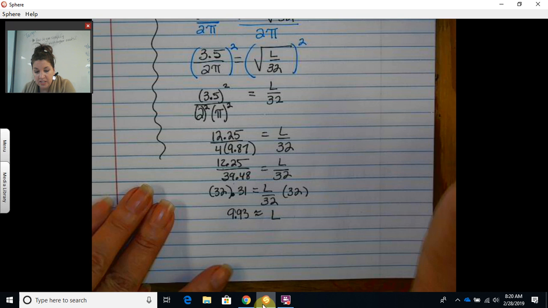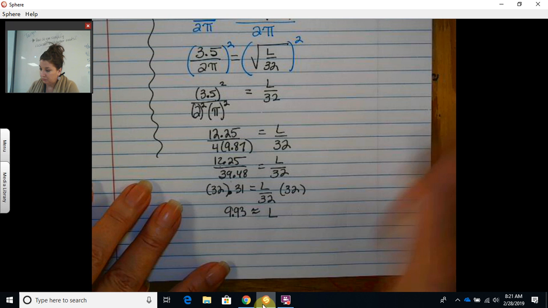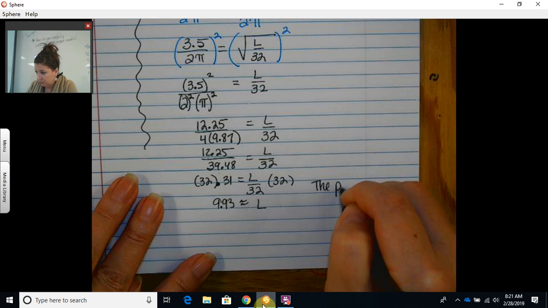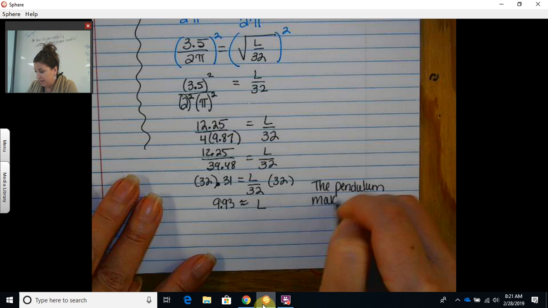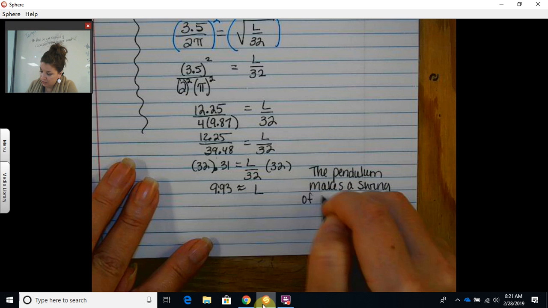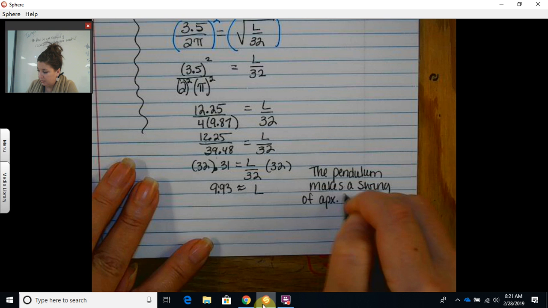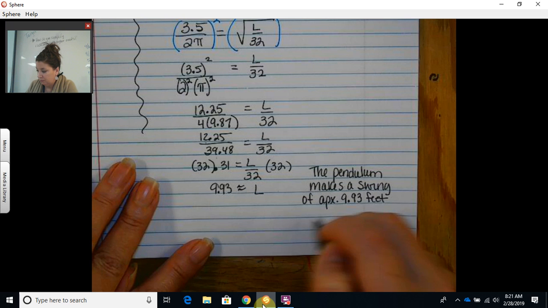Question said, find the approximate length of the pendulum that makes one swing in 3.5 seconds. So the pendulum makes a swing of approximately 9.93 feet in 3.5 seconds.